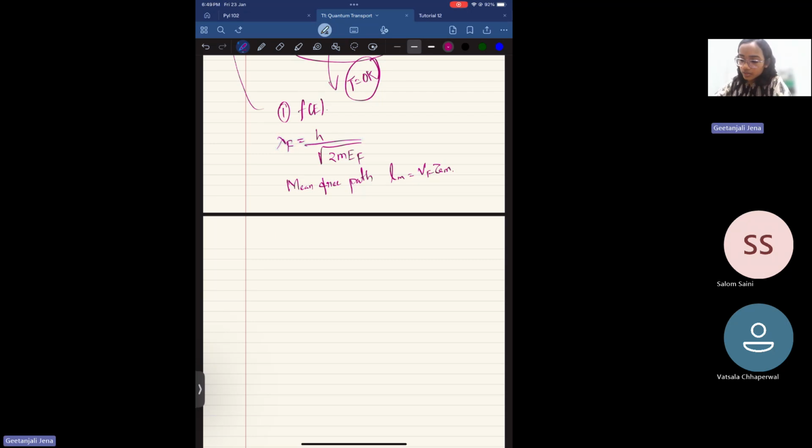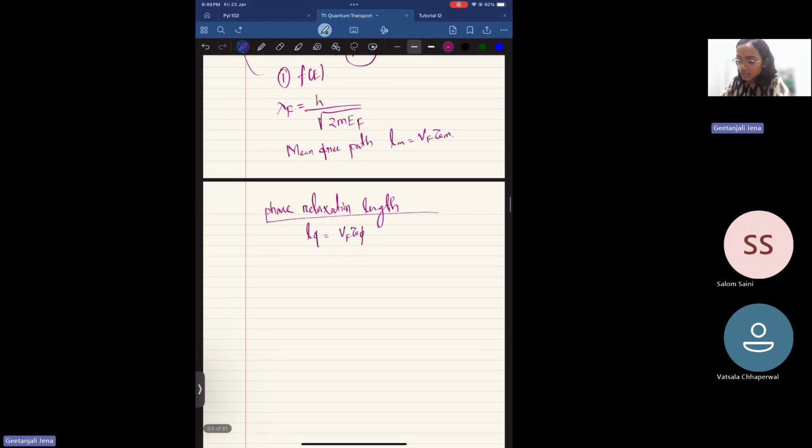Okay, and also we have seen phase relaxation length. L_phi is v_F tau_phi. So this is the length beyond which the phase of the charge carrier gets lost because of the scattering.